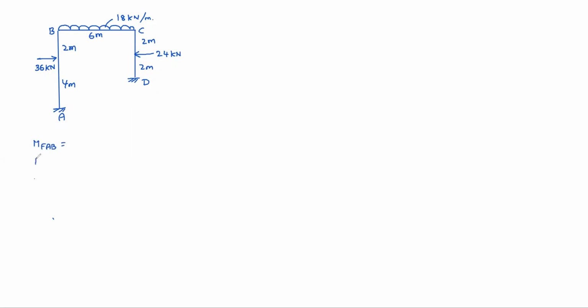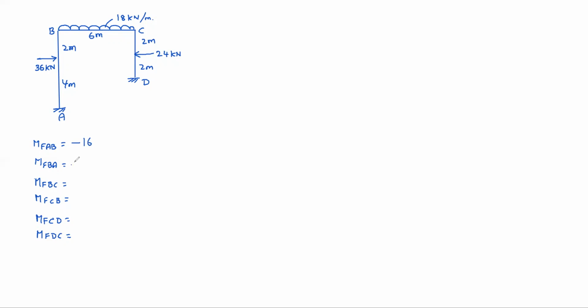MFAB, MFBA, MFBC, MFCB, MFDC. So minus 36 into AB square by L square, 36 into 16, how much? 16.